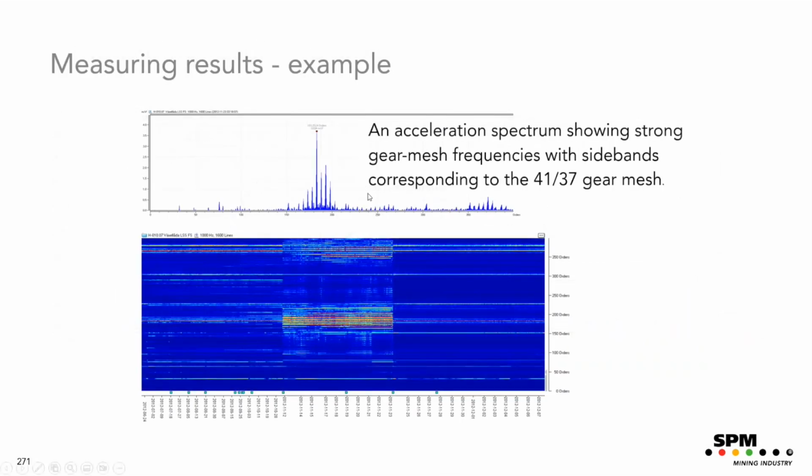It's a very crisp and clear spectrum showing the gear mesh frequencies with sidebands correlating to that gear. And if you look in the color spectrum overview, you can also see a quite dramatic increase here of the amplitudes. Then after the replacement of the gearbox, the reading drops down.